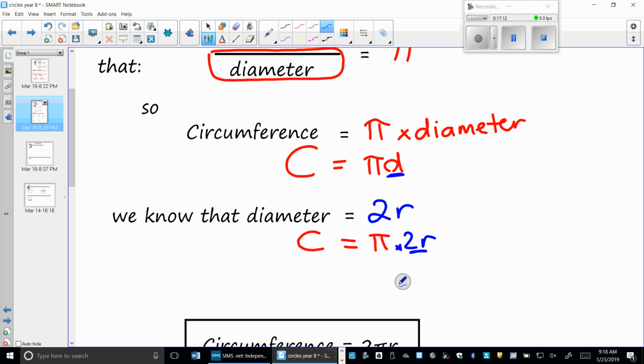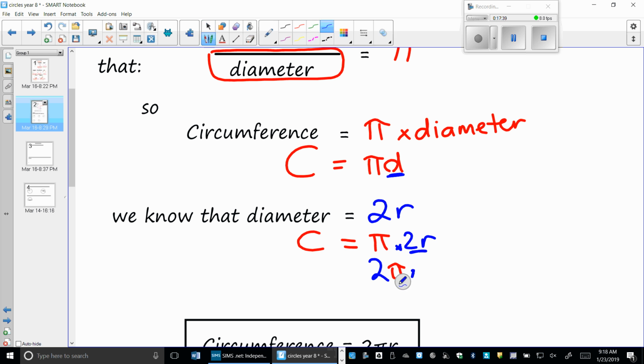Now, in algebra, we normally put things in a different order, don't we? Which order does it normally come in? What normally comes first? Numbers. So I wouldn't normally have the 2 smack bang in the middle. It would normally be at the front. And then pi is actually a number, so that would come next.